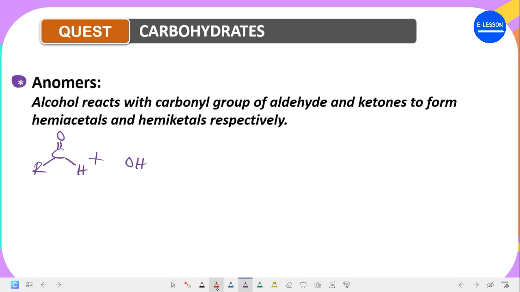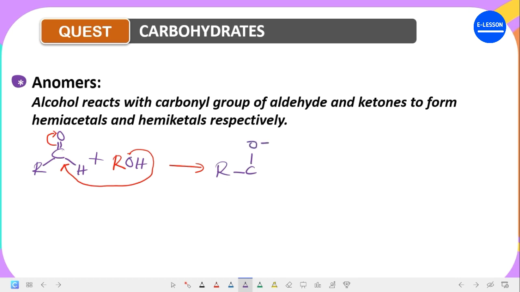Now, let me do something quickly. ROH. Now listen, this group here has a negative charge. It's a nucleophile. You must not really know this, but those of us in pharmacy, you should know this. When this nucleophile attacks this, this bond will come up, and it's going to form C with O minus here.